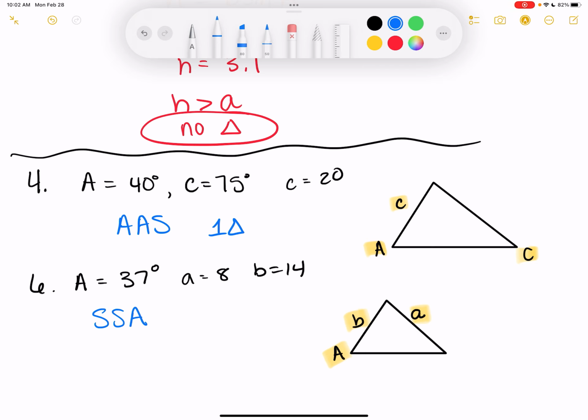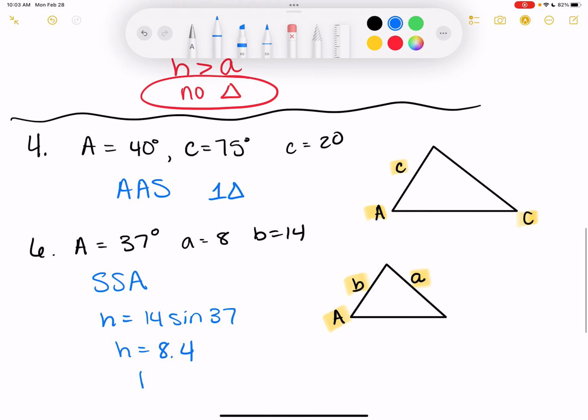All right, so if A is not greater than or equal to B, then I have to find h. h is equal to b sine A, so 14 sine 37, which is 8.4. So h is greater than a.